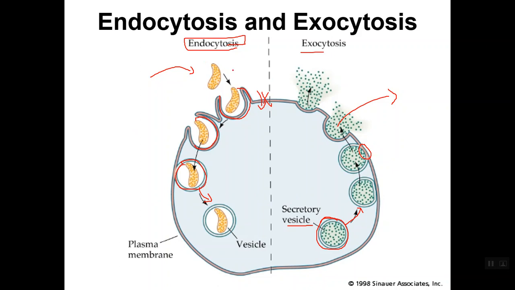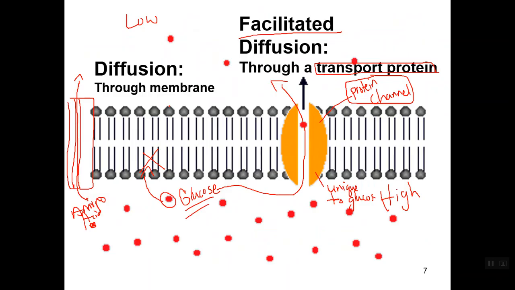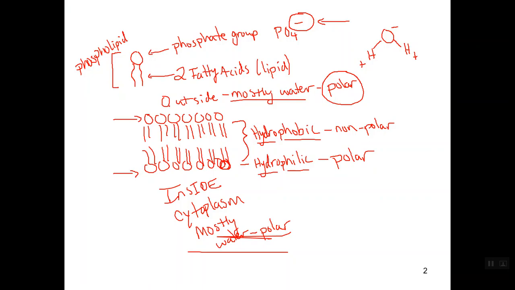So the last thing that I want to talk about before I end these notes, I'm going to go all the way back to our drawing of this cell membrane, because I forgot to tell you this.